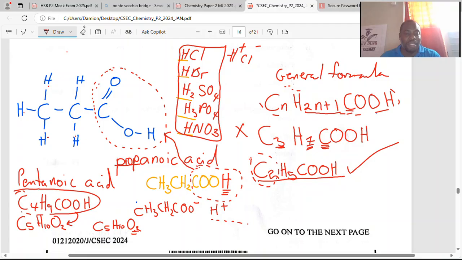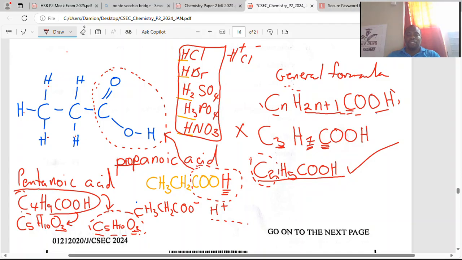So bear in mind, this can be presented to you, and you should be able to deduce which acid this is. Because the moment you see this two, you must know say I want acid, because only acids would have two oxygens. If it was an alcohol, it would have been one oxygen.